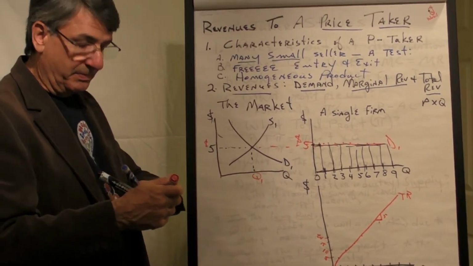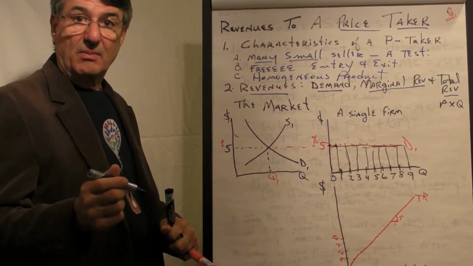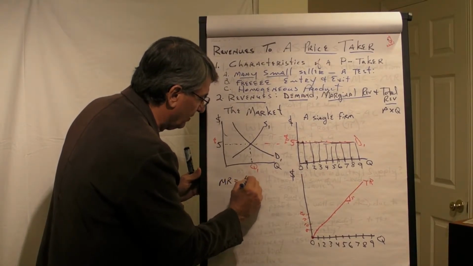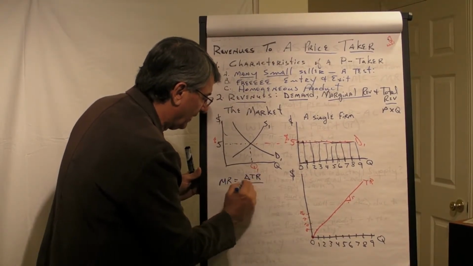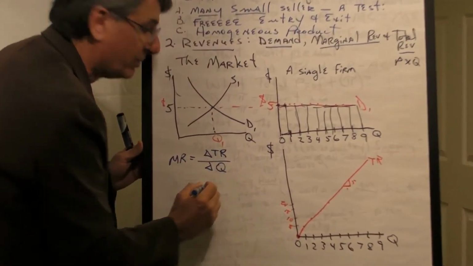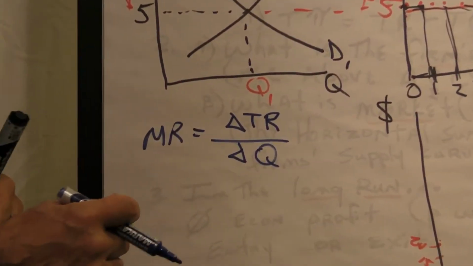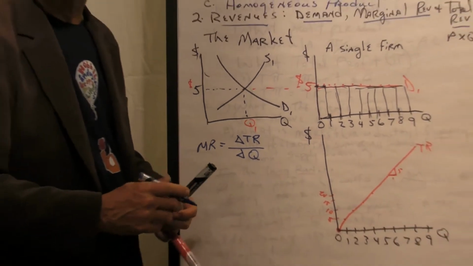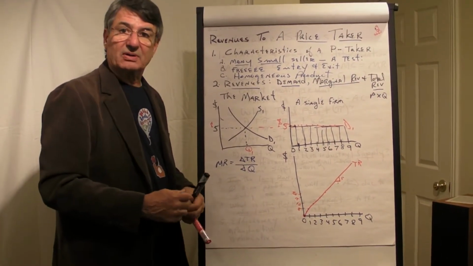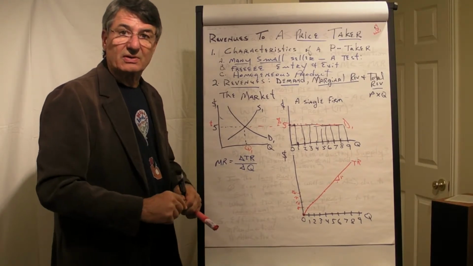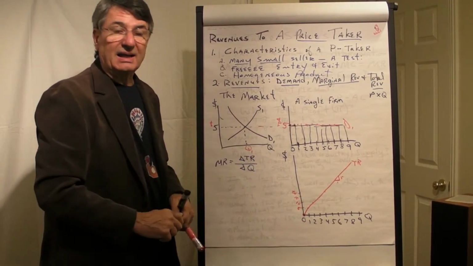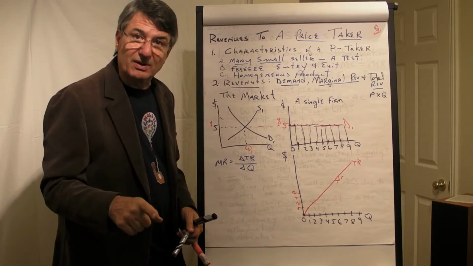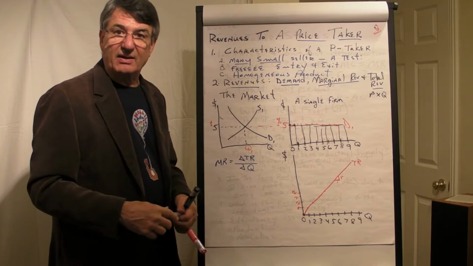Now the last little bit to deal with, of course, is marginal revenue. Marginal revenue is equal to the change in total revenue divided by the change in the quantity produced and sold. So in words, it's saying, because you produced and sold one more unit, what happened to your total revenue? And the answer, of course, to a price taker, in this case, when the price is $5, is that every time they produce and sell one more unit, their total revenue goes up by $5.